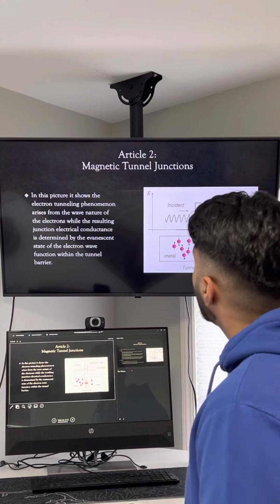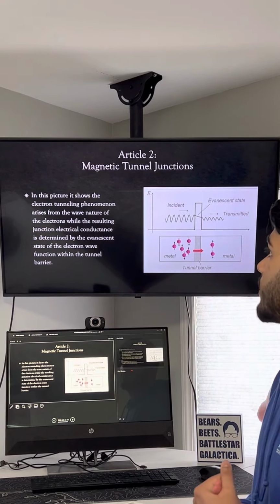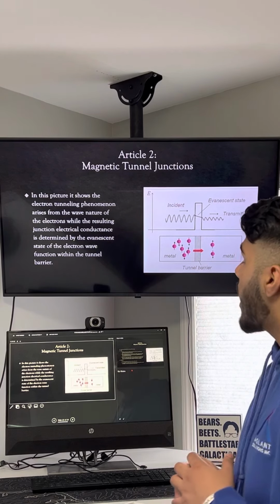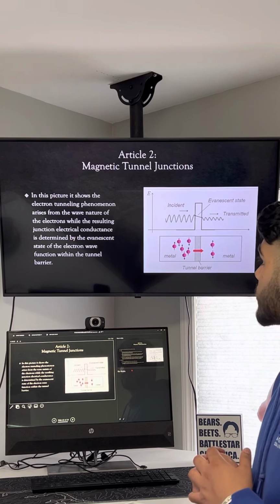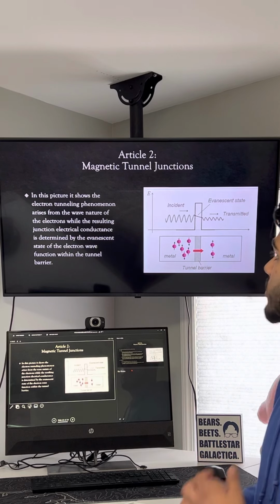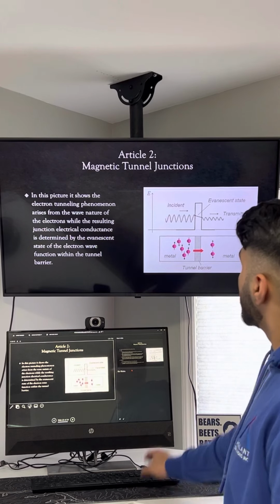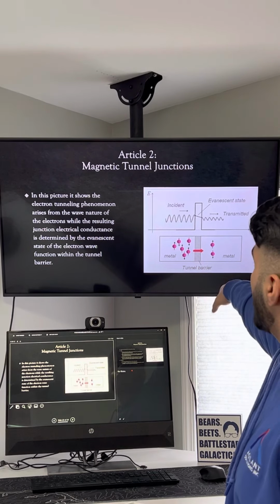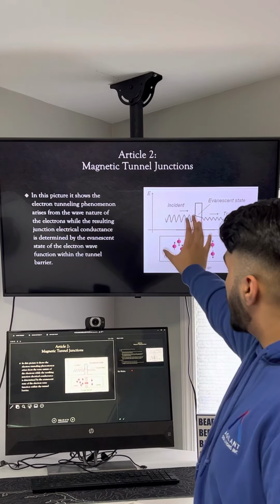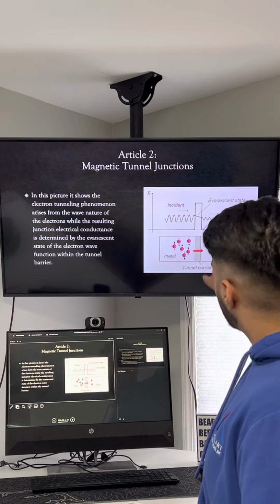Alright, in this picture from the article, it shows the electron tunneling phenomenon arises from the wave nature of the electrons, while the resulting junction electrical conductance is determined by the evanescent state of the electron's wave function within the tunnel barrier. Yep. It's referring to the tunnel barriers right there, and how the waves are actually a little taller, and after it goes to the evanescent state, it shrinks down.